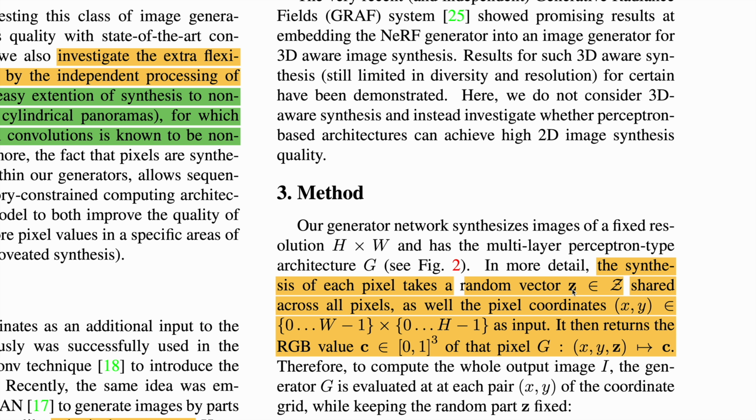So you have on one side the vector z, then you have the pixel coordinates. For each pixel, you have its coordinates, and the model takes as input the coordinates x, y. It's a 2D grid, together with the shared latent, and outputs the color for that pixel.